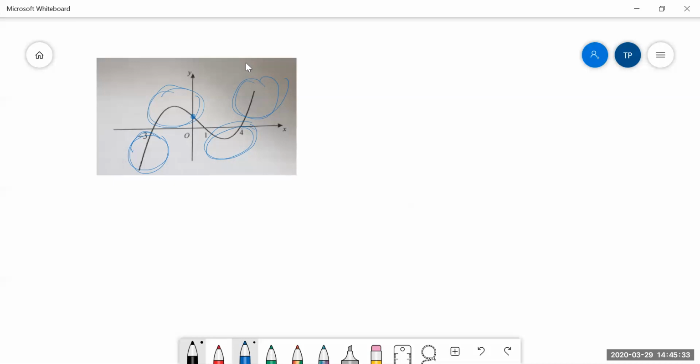Wait, so like, oh wait, is it gonna be like, I just got it wrong. Wait, the ones below remain below. The ones at the bottom of the graph remain at the bottom of the graph.